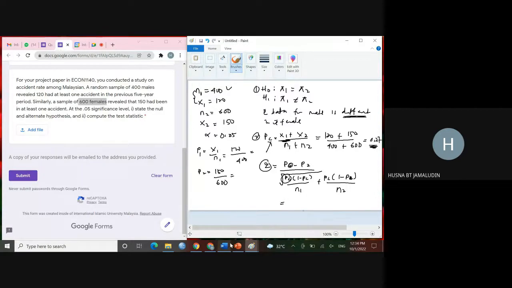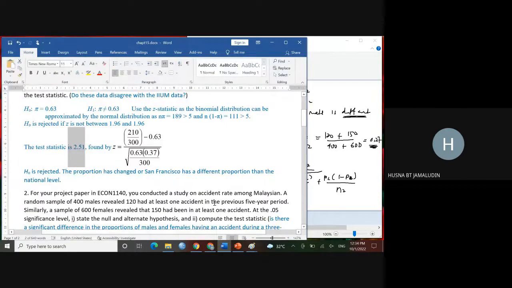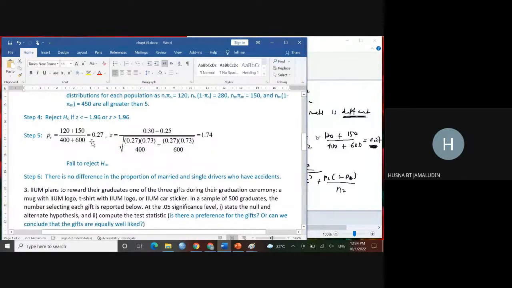Let me see the whole answer because I don't want to compute it. So the combined proportion, x1 plus x2 over n1 plus n2, you should get, as your friend said, 0.27. Then this is the proportion for male minus proportion for female.